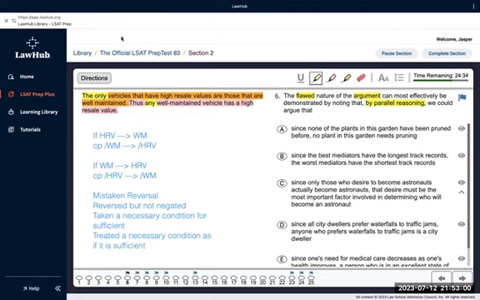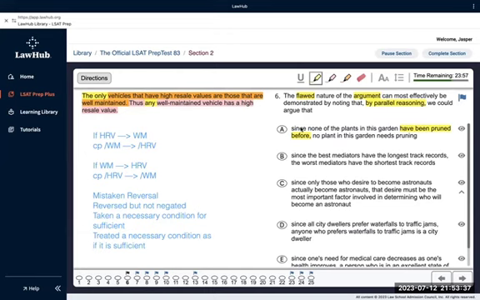So let's take a look. Since none of the plants in this garden have been pruned before, no plant in this garden needs pruning. This one, I think, has more to do with the timeline issue, right? So the flaw here is assuming that since something hasn't happened in the past, it doesn't need to happen.